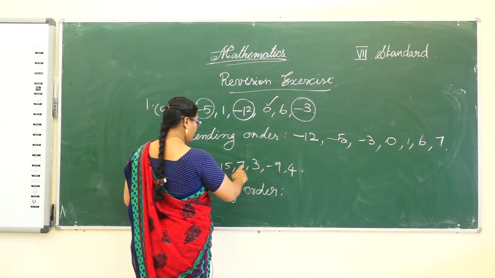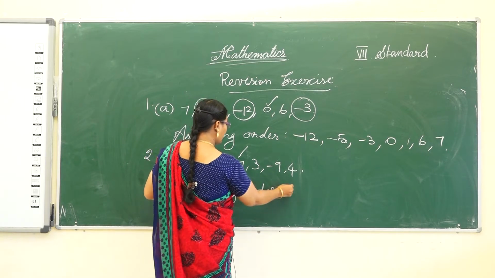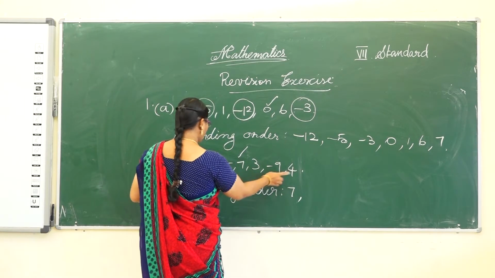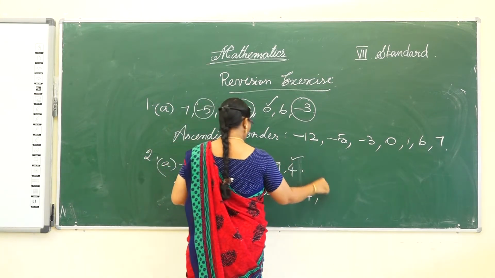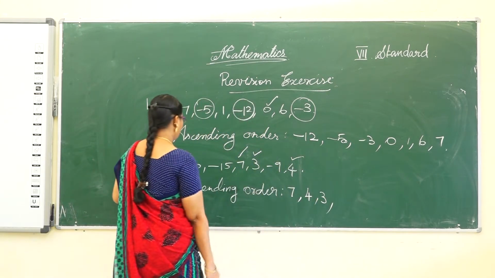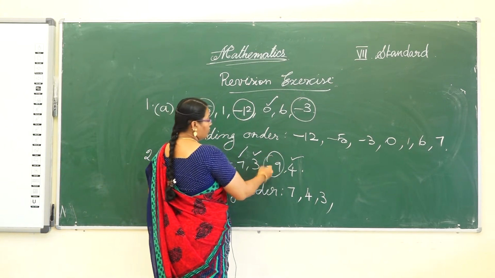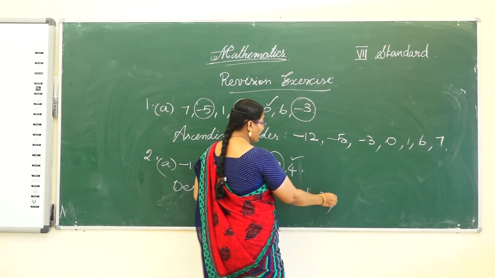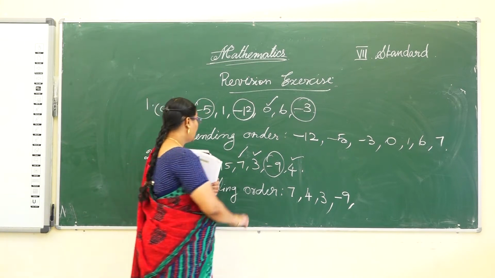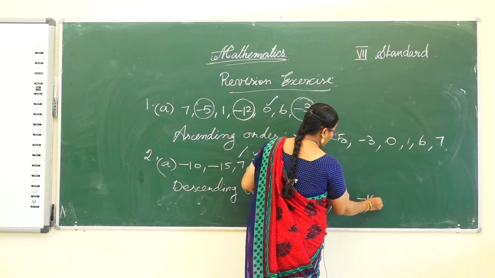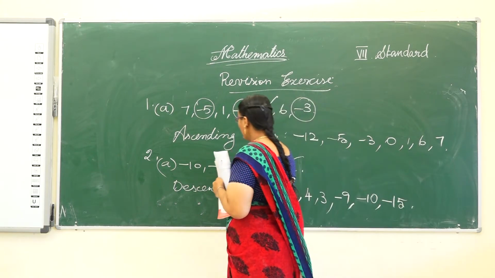Where is the greatest? Here 7 is the greatest value. The next greatest value is 4, and the next one is 3, and next, which is the greatest value? First is minus 9, and the next one is minus 10, and next minus 15. This is the descending order for the given numbers.